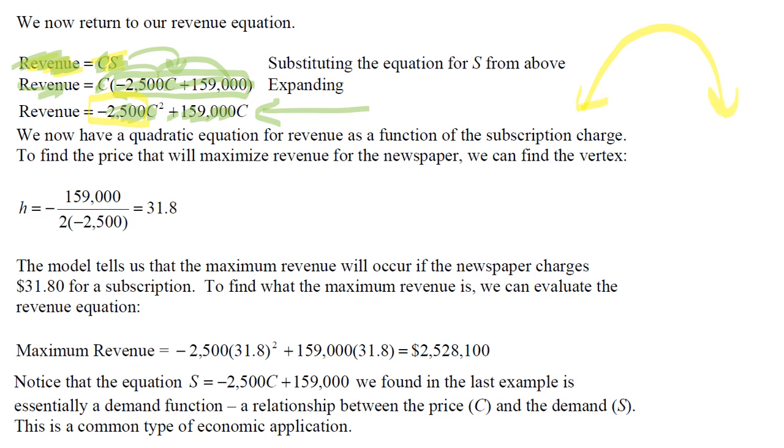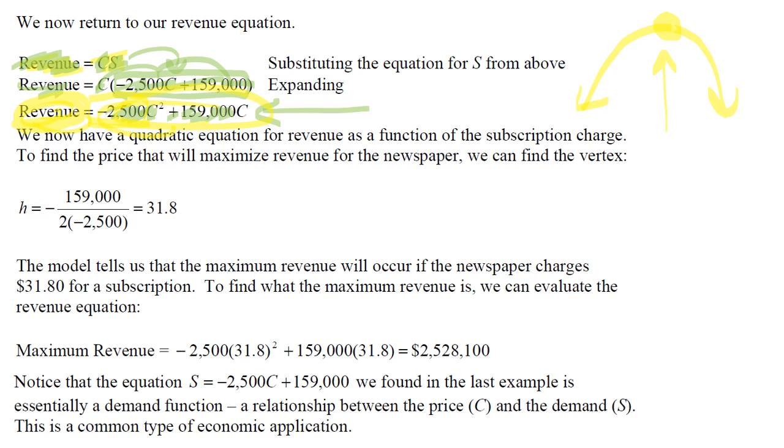Now what we're trying to do is find the maximum of that negative parabola, therefore maximum of the revenue. Okay, that's what we're looking for. The maximum of this parabola, the parabola representing the revenue.